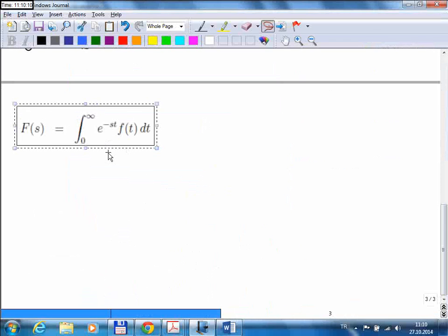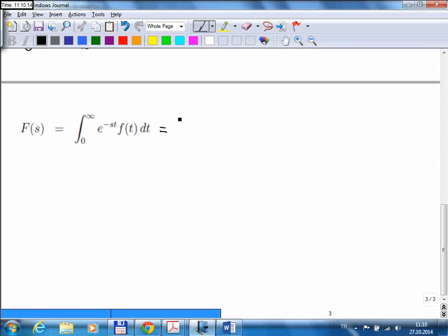The integral is to be taken from 0 to infinity, and you can take this in several steps, right? So you can divide this into two integrals: from 0 to 2, for example, e to the power minus st f of t, plus, then you continue the integration from 2 to infinity of the same thing.